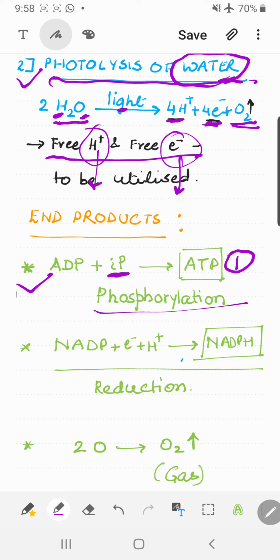Now, what is the unique thing here? Children get confused many times when this is given in boards: define photophosphorylation. In that case, you cannot write that conversion of ADP to ATP by adding one inorganic phosphate is photophosphorylation, because as of now I have not written light here.